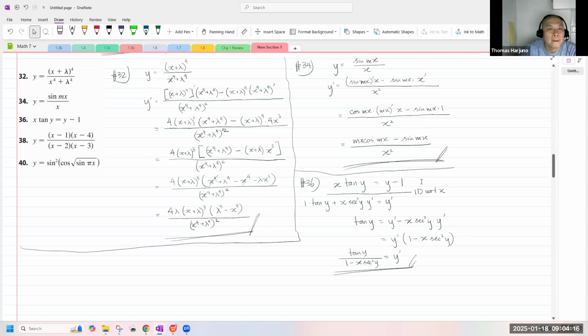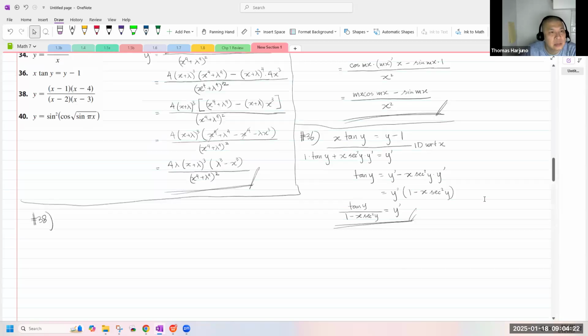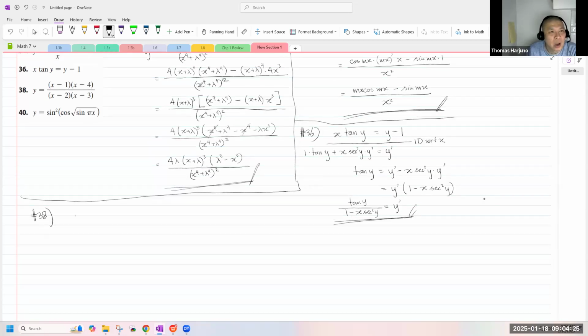Okay. Number 38 seems to be simple, but using that may not be that easy. So y equals x minus 1, x minus 4 over x minus 2, x minus 3.